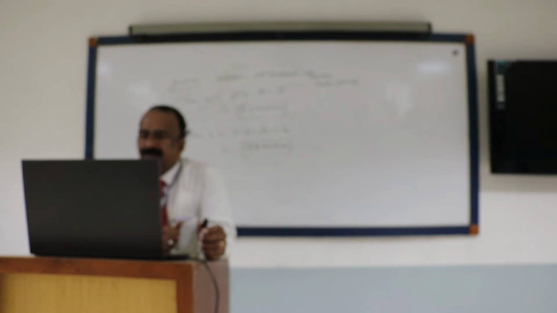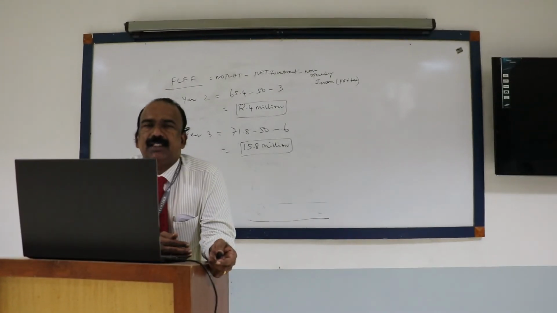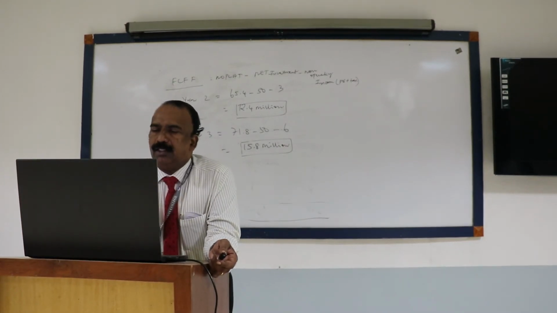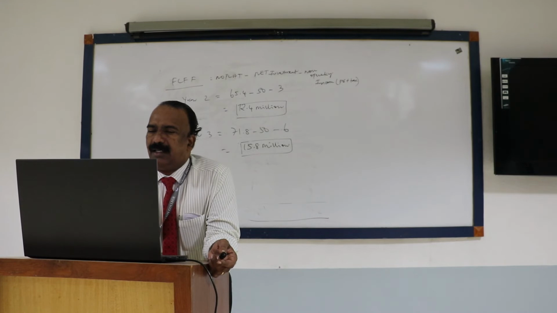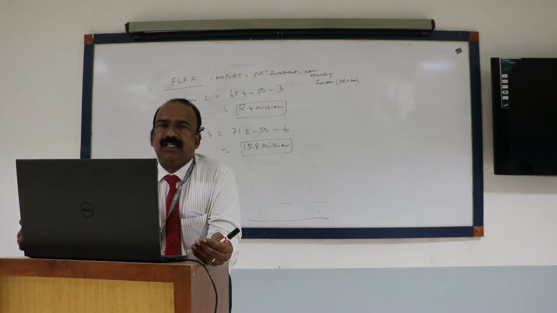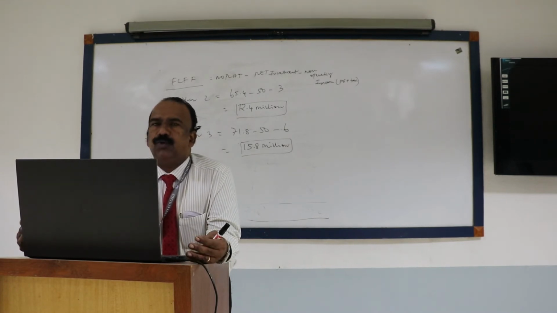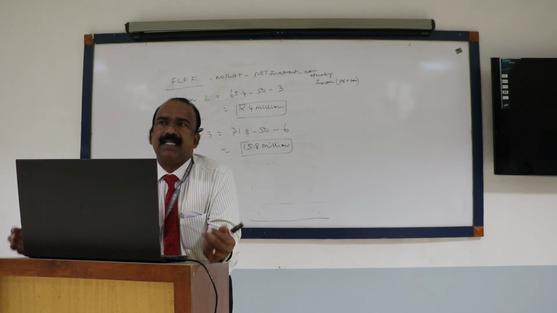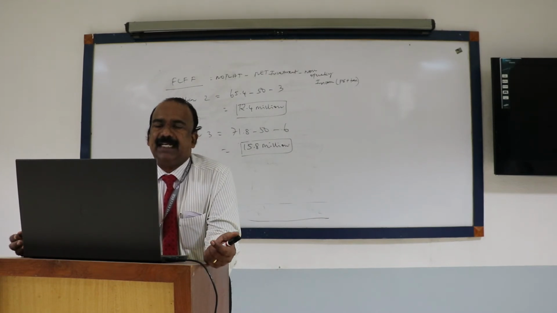Okay, next one is financing cash flow. It can be net financing cash inflow or net financing cash outflow. Financing cash inflow includes the borrowings, new loans that we received, new issue of shares, dividend received, interest income. These are all cash flow arising from financing activity.